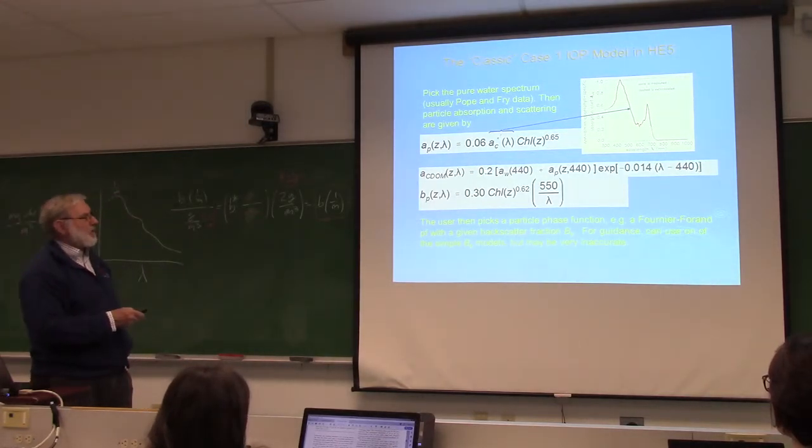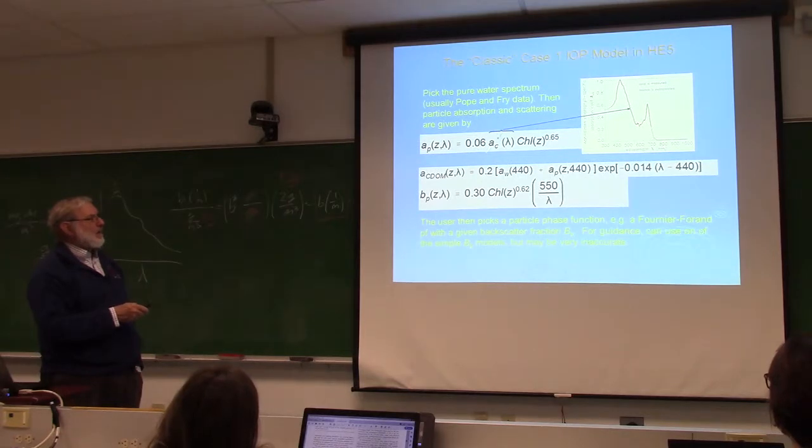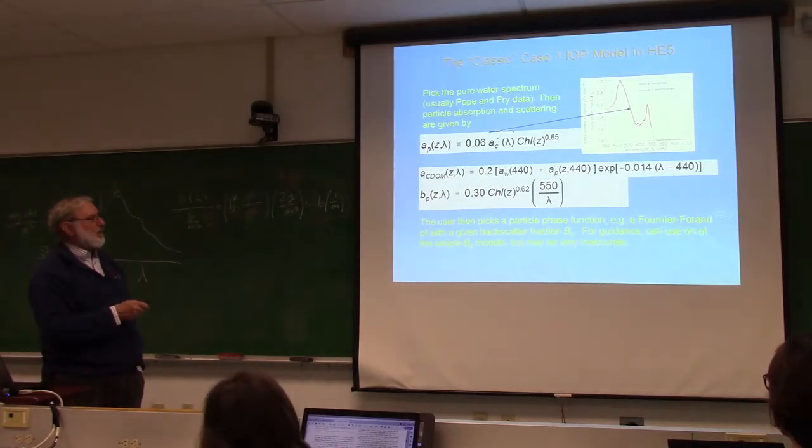And then there's also some equally old and simple models where there's an average of a bunch of phytoplankton chlorophyll-specific absorption curves. You can take those functions, plug in chlorophyll, get absorption by the chlorophyll-bearing particles.